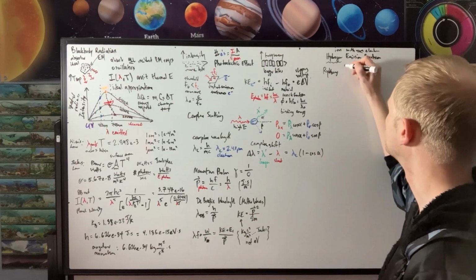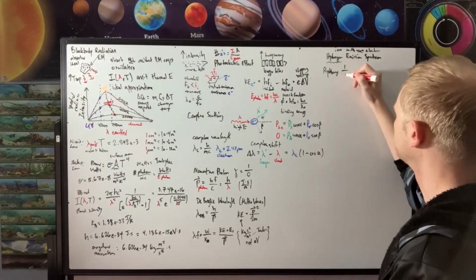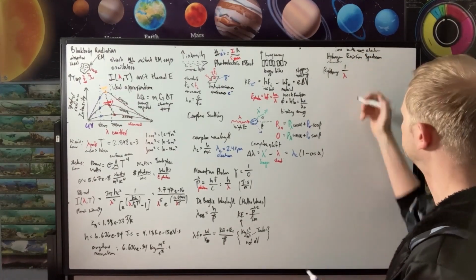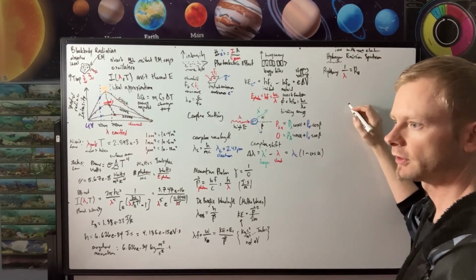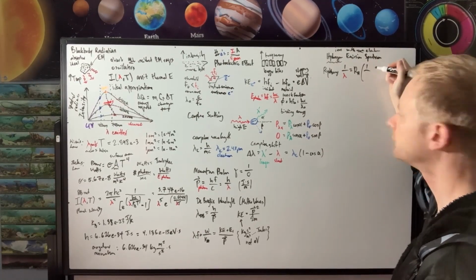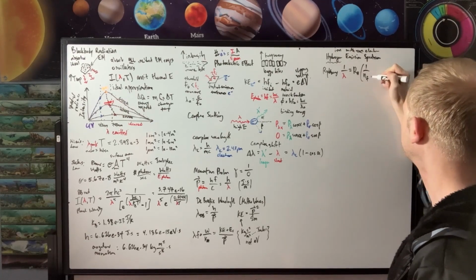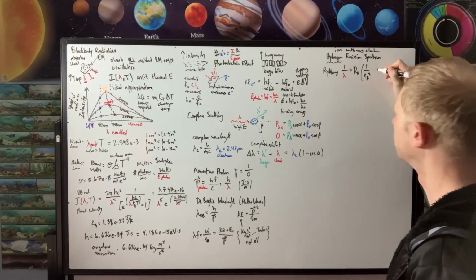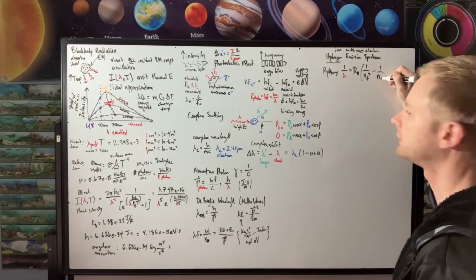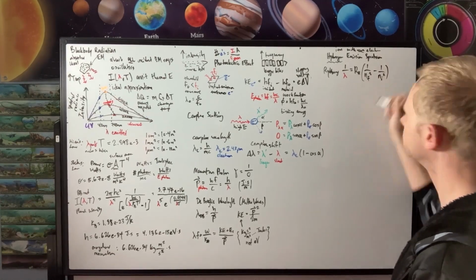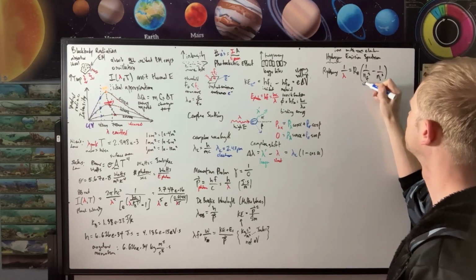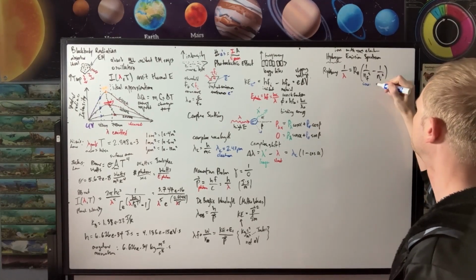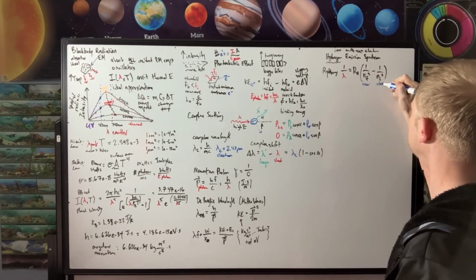That's going to be 1 over lambda is equal to the RH, Rydberg constant, and then we have 1 divided by nF squared minus 1 over nI squared, where this is going to be our inner n, and this is going to be the outer n, right here.